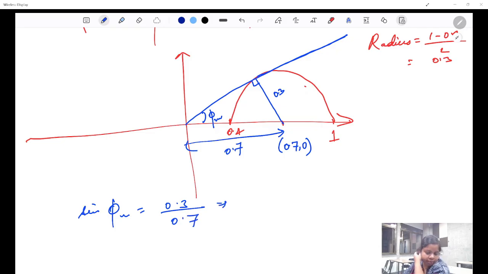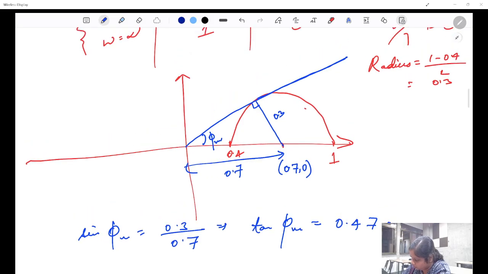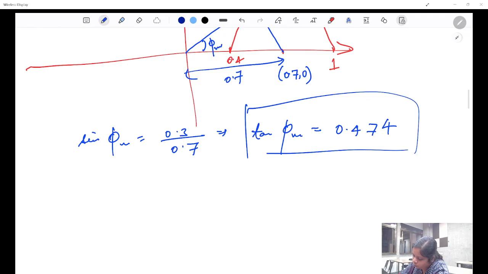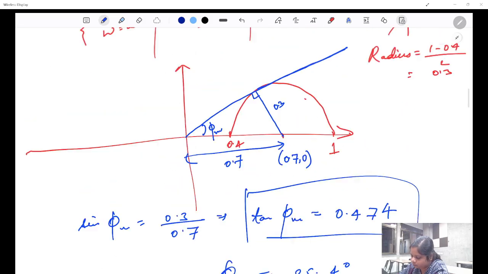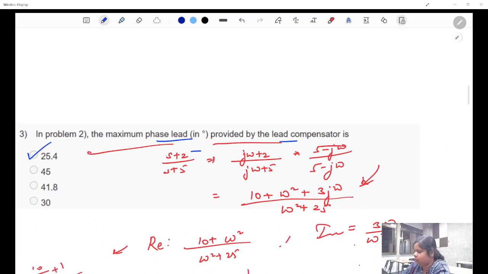So from here, if you calculate it, you'll find tan phi m to be equal to 0.474, and from the tan phi m you'll get phi m, which would be approximately equal to 25.4 degrees. So this is your answer.